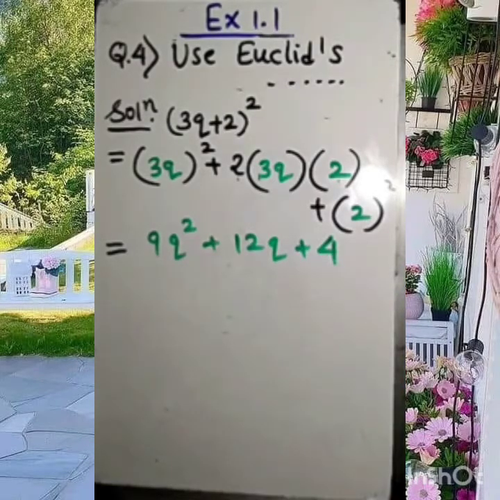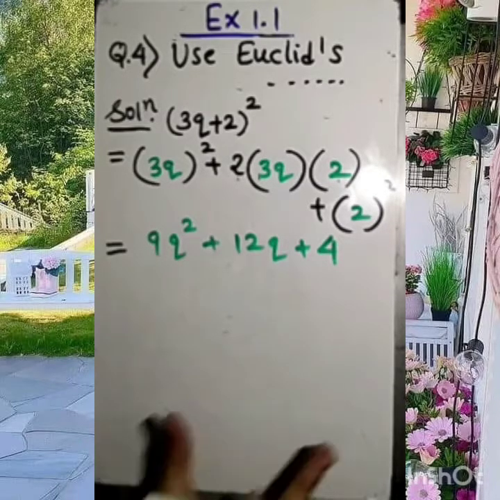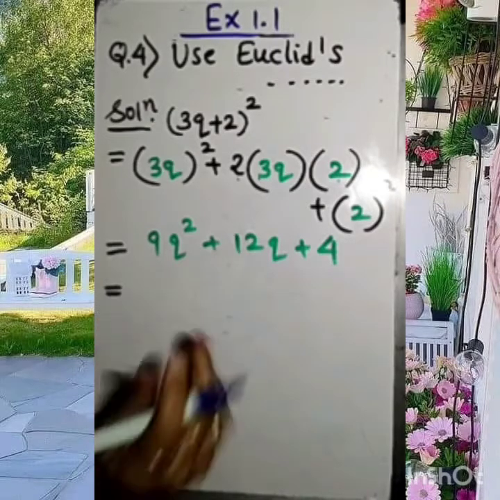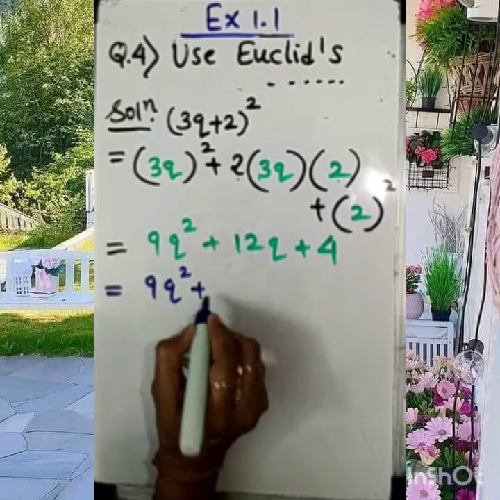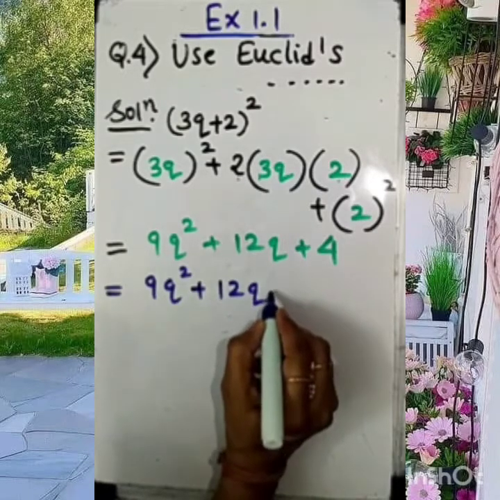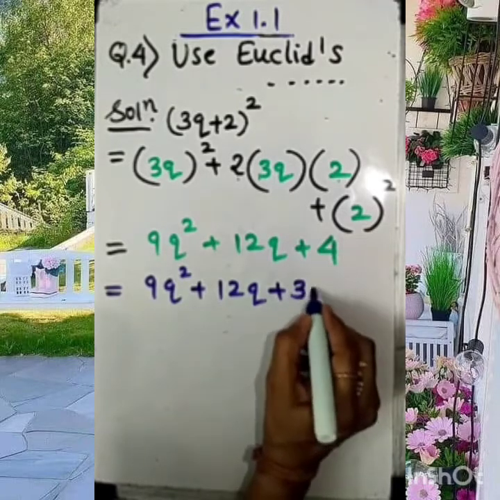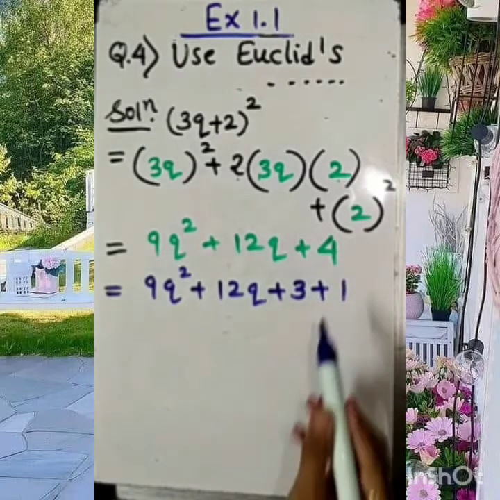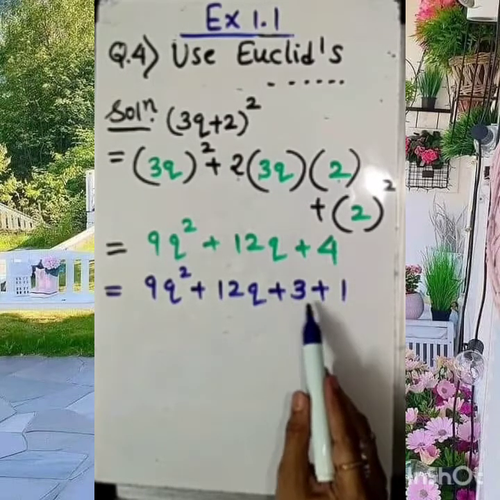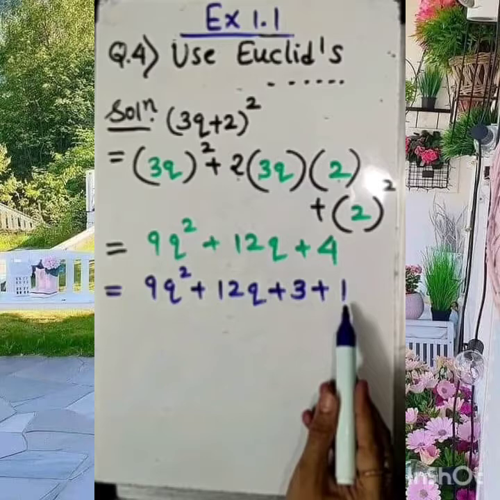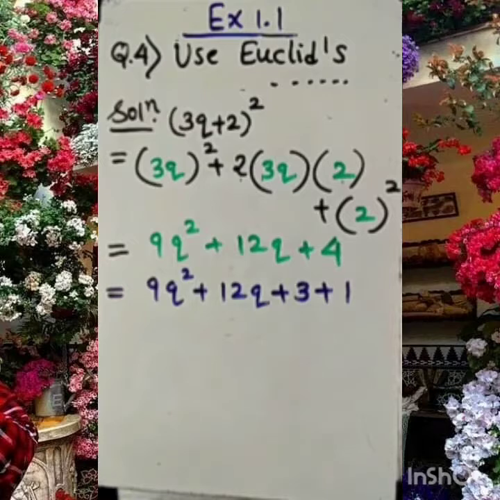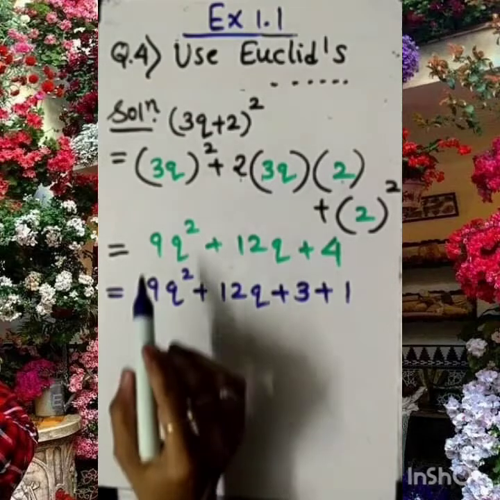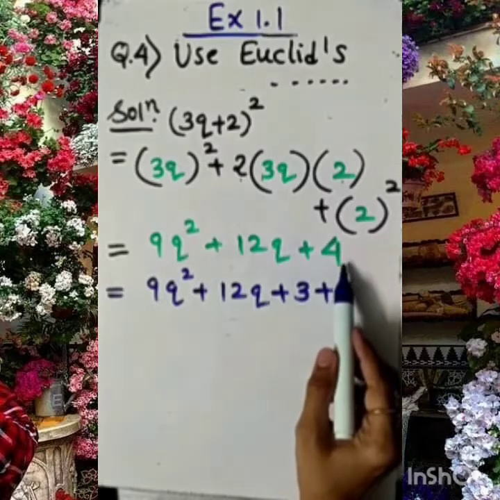Fine. As we did the previous time, here also we are separating this way. There is a technique which we have to apply. So 9q square plus 12q plus 4.